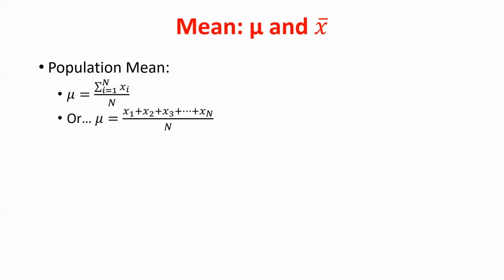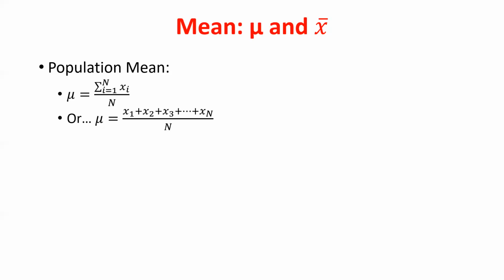So X subscript N is the very last observation. Add up all the values, and then divide by capital N, the number of observations in our population data set. That's how we'll represent this notation. But it's just a complicated way of saying exactly what you told me: add the numbers up and then divide by the number of numbers you have.